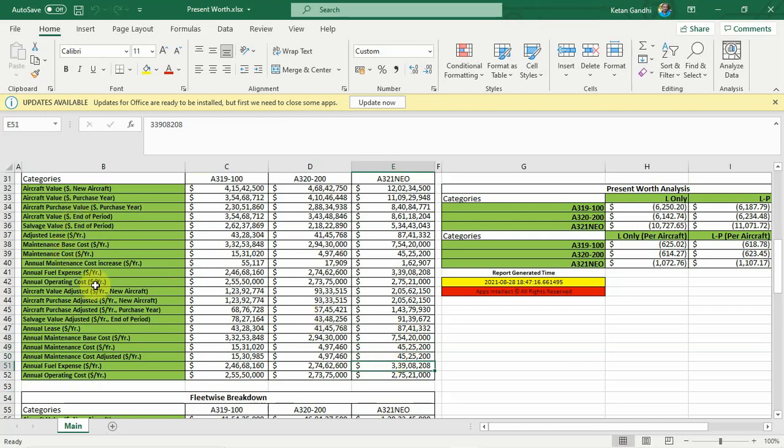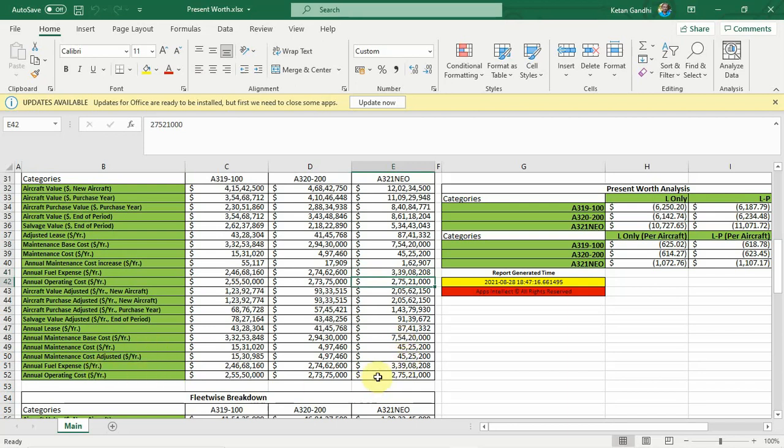What we saw here, the calculation of annual expenses here. So that was calculated based on the fuel flow into fuel price into the daily utilization of the aircraft into the period, which is now 12 months yearly.